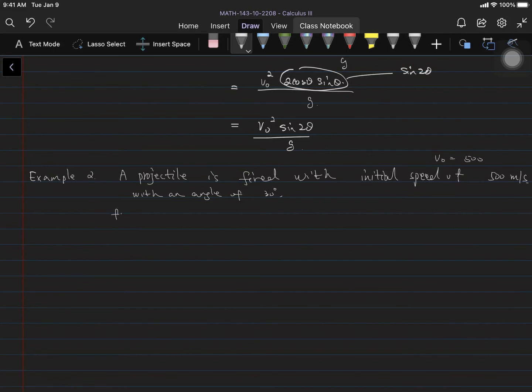We want to find two things: first, the range of the projectile, and second, the maximal height.